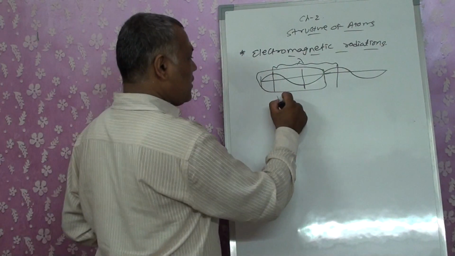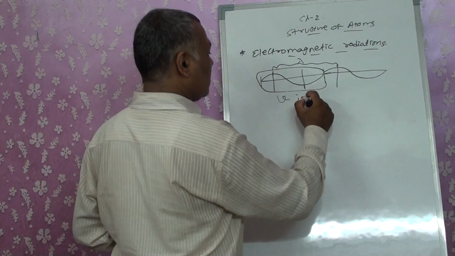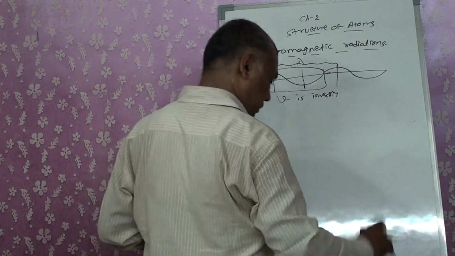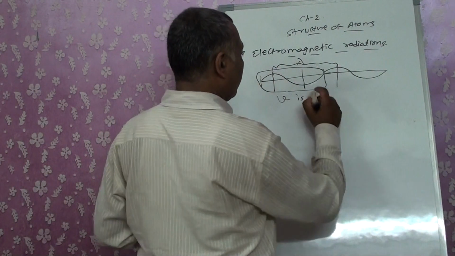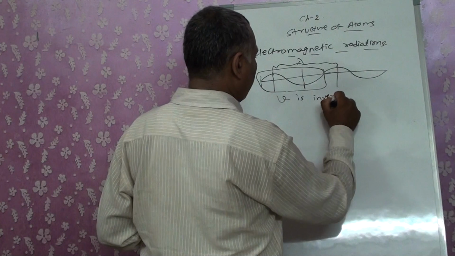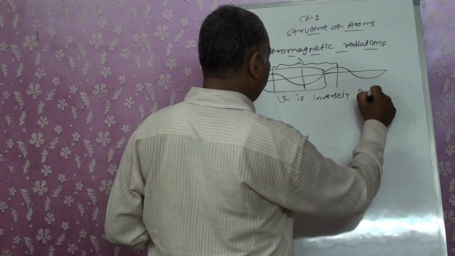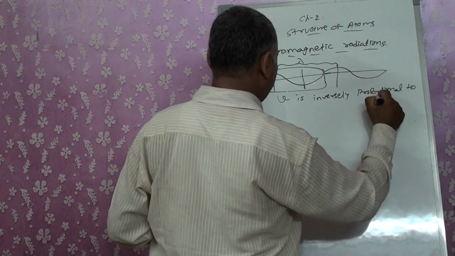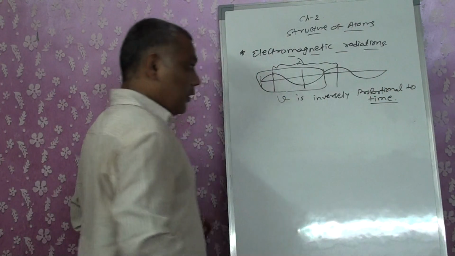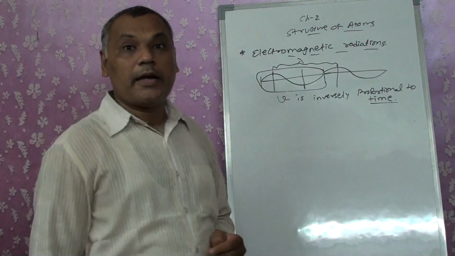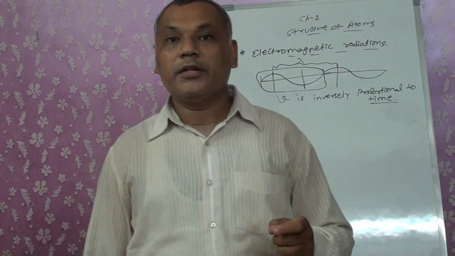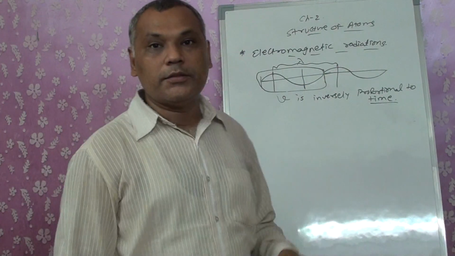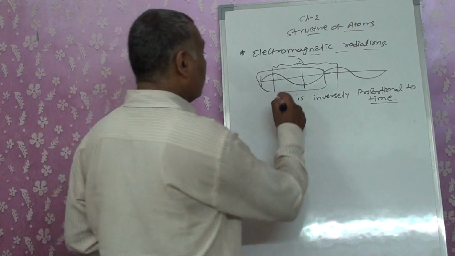So frequency is inversely proportional to the time. That means within a certain duration, how many crests or troughs have passed, that we consider as frequency.